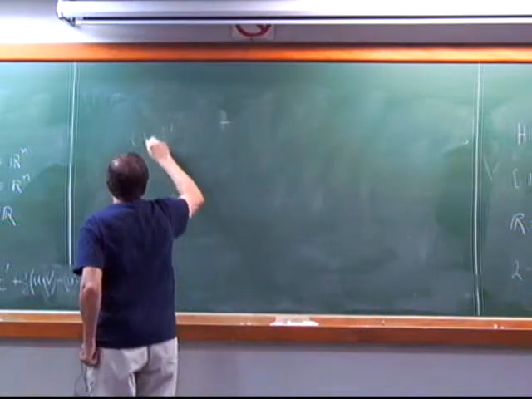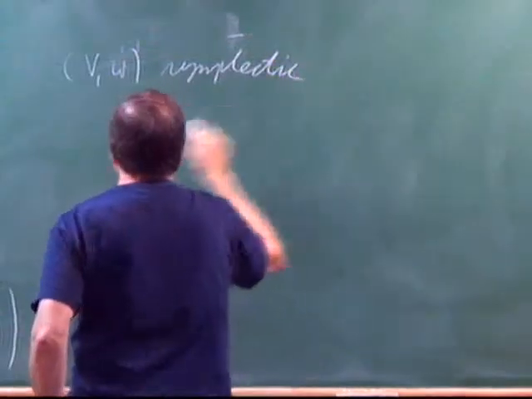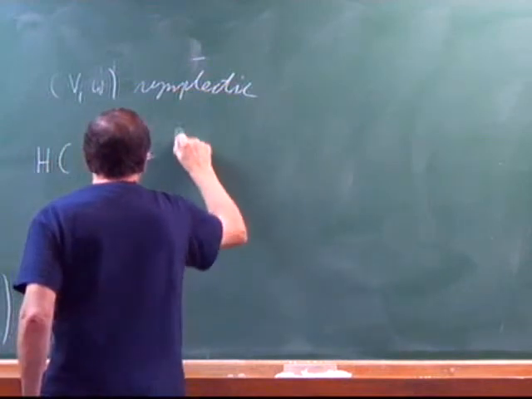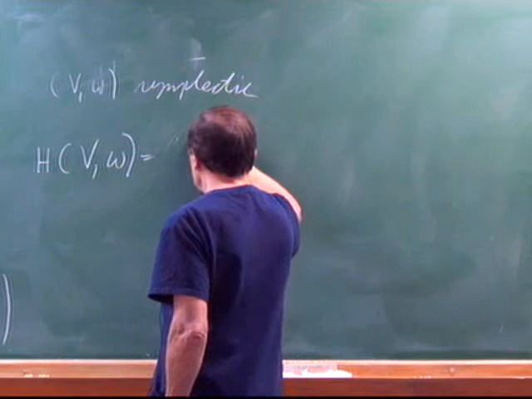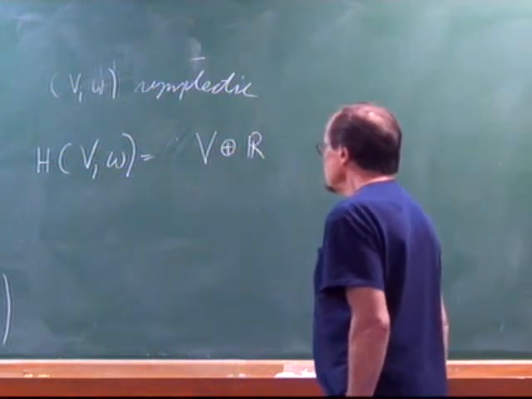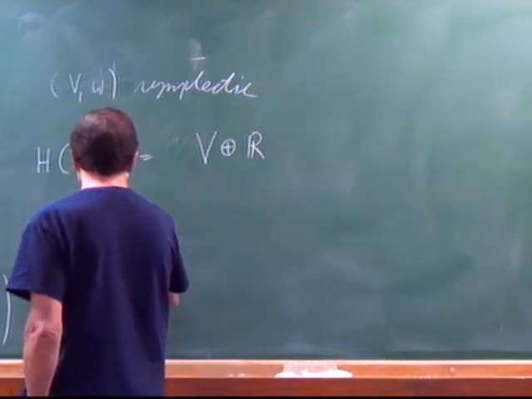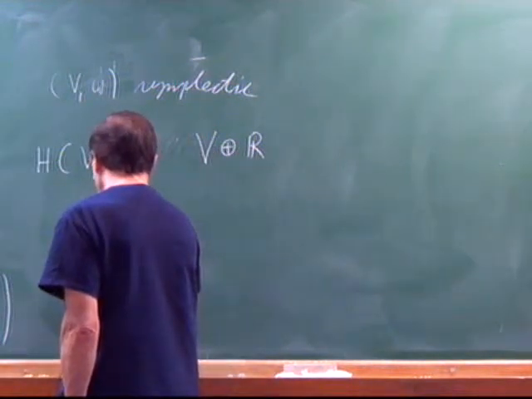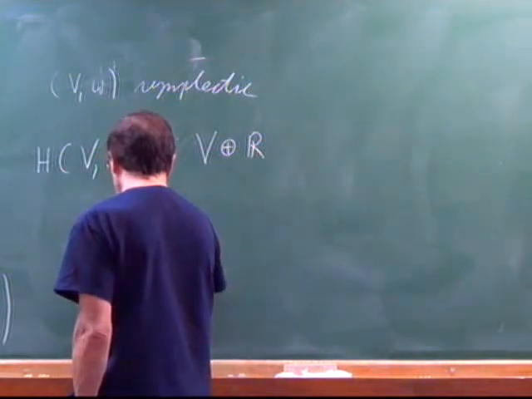So we'll take a symplectic vector space. I can then define the Heisenberg group of the symplectic vector space as follows. As a vector space, it's V plus R. And the product between two elements, take u and v a vector in a symplectic vector space.